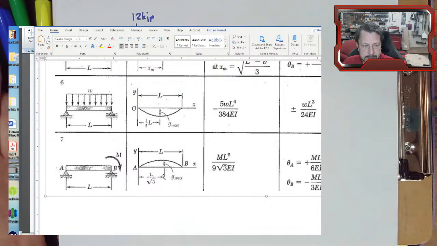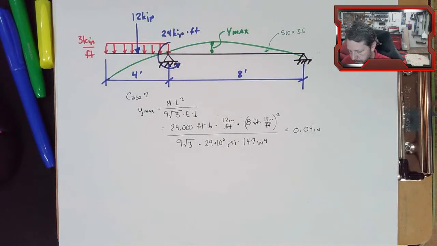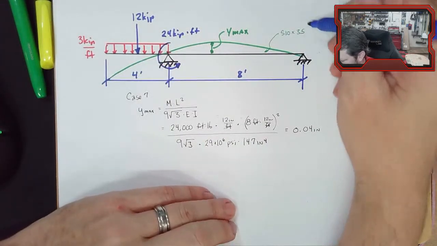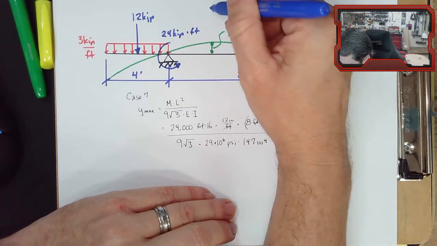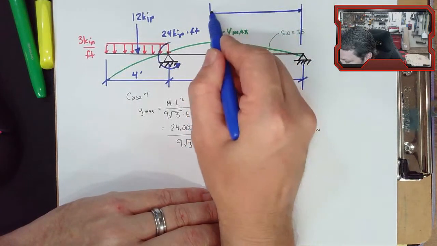Now, if we wanted to know where this 0.04 inch deflection occurs, we have to look at this diagram that says it occurs L over square root of 3 measured from the end opposite of the concentrated moment. The concentrated moment is over here, so from the other end we measure over to our location for maximum deflection.